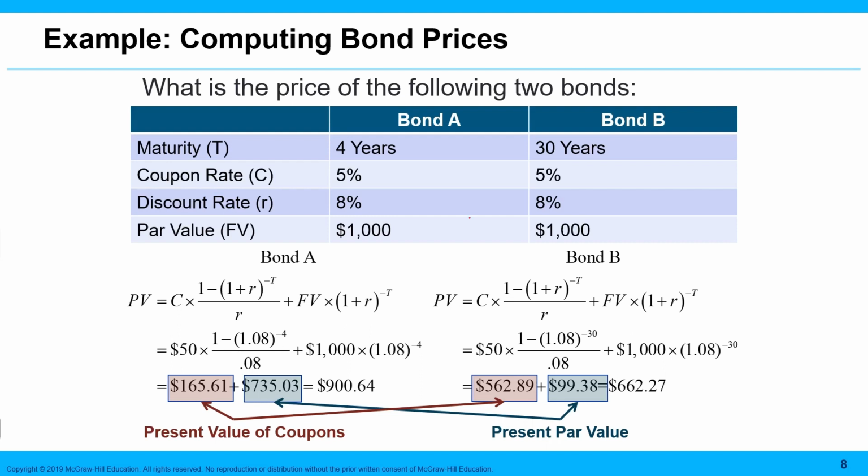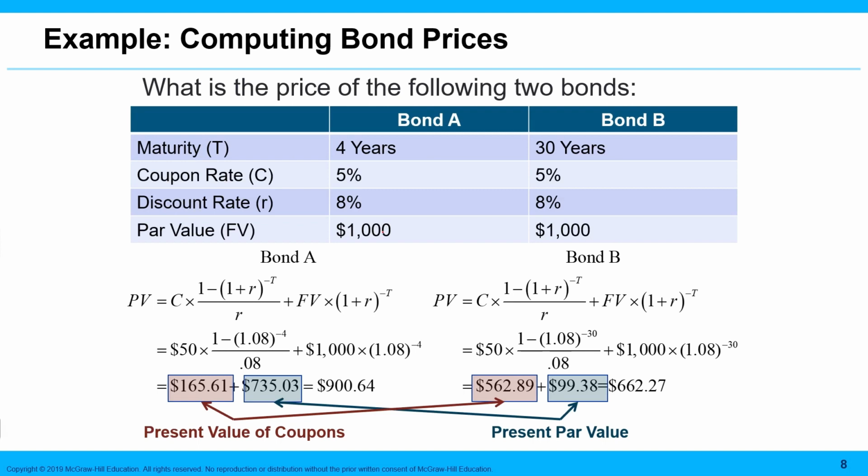Here is an example of computing bond prices. So we have two bonds, bond A and bond B. The maturity of bond A is 4 years, while the maturity of bond B is 30 years. The rest of the characteristics of these two bonds are the same. We know that the coupon rate is 5% for both bonds, the discount rate is 8%, and the par value is $1,000.